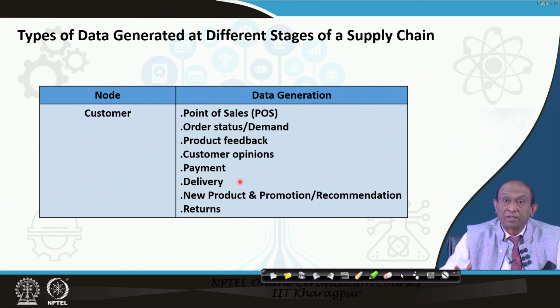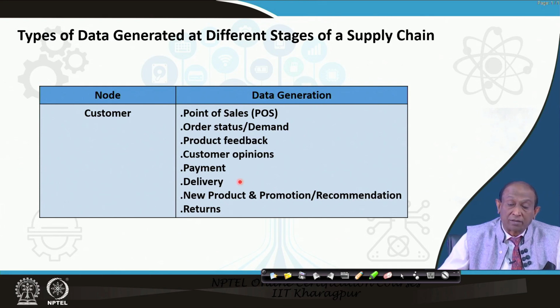The point of sales data is absolutely important for real time data visibility, and this should be available at all stages in the chain. Then the customer is bothered about knowing the status of his order.